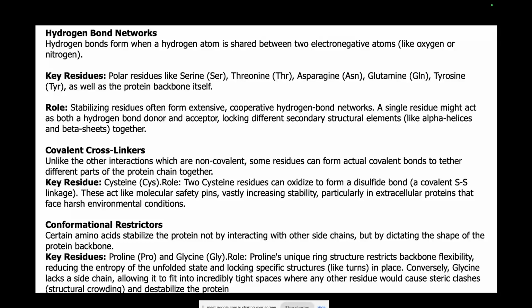Then you have cross-linkers. Mostly we are talking about sulfur bonds. Basically it's a covalent disulfide bond, and it is a very strong bond. The sulfur-sulfur bond is stronger than oxygen-oxygen bonds, and these act as kind of backbones inside the protein.